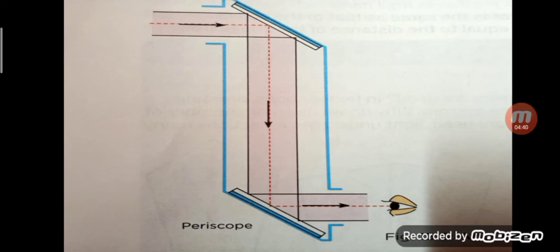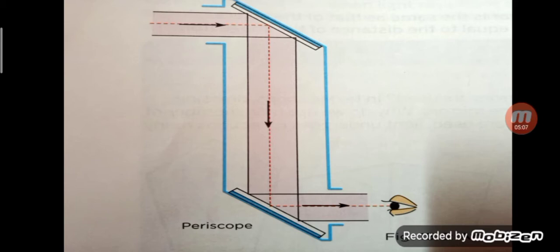Now the principle of multiple reflection is used in a periscope. Here you can see a simple periscope. A simple periscope is a long tube that uses two plane mirrors. The mirrors are fitted into each end of the tube at an angle of exactly 45 degrees so that they face each other.